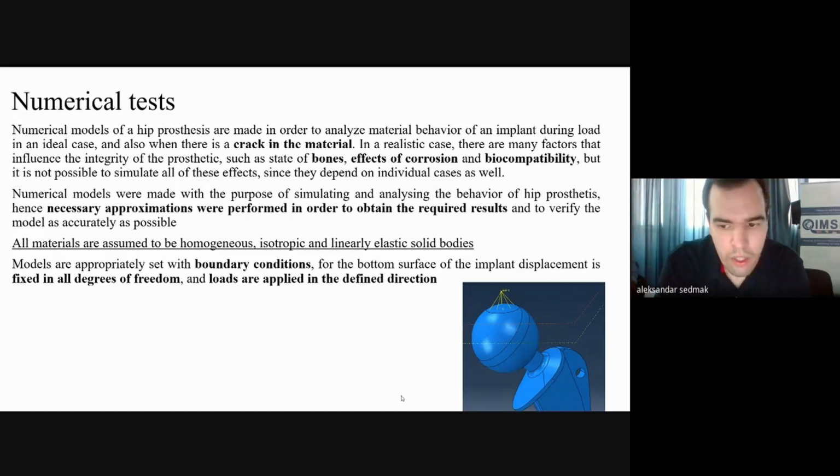In all of our analyses, we assume that the material is a homogeneous, isotropic, and linear elastic solid body. So models need to have an appropriate set of boundary conditions to simulate the behavior of the implant in accordance with the bone.